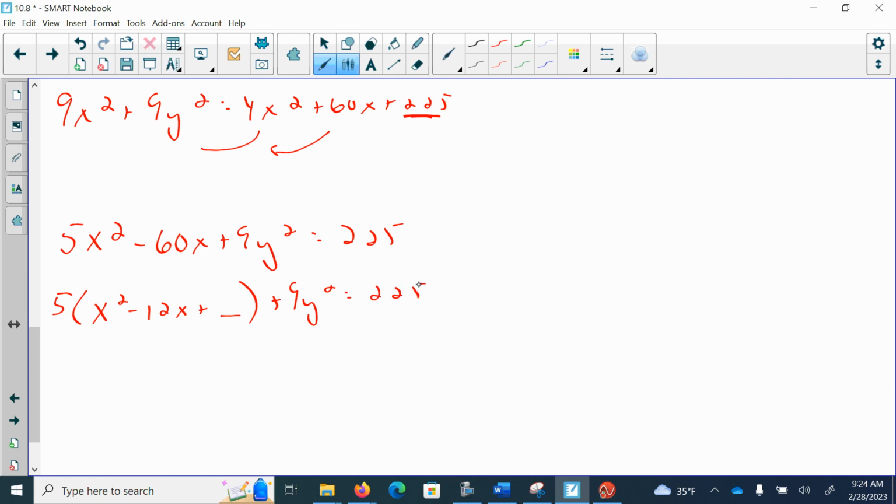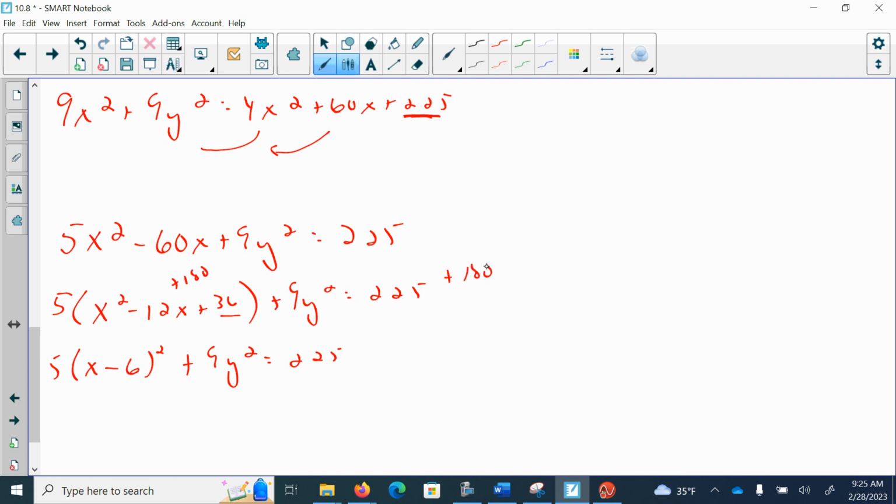To complete the square, I take half of 12, which is 6. 6 squared is 36. Now when I added that 36, I really added 5 times 36. And when I do that, I really added 180 here, which means I'm going to add 180 to this side.